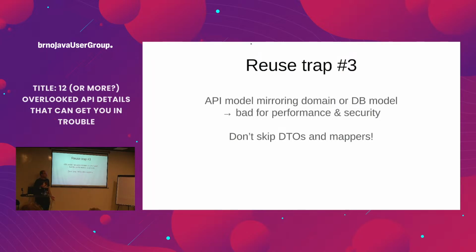But that's actually dangerous, especially if your approach to designing such a class is that you just take some list of fields that you have, for example, in your database or in some domain model, and copy over. Again, the same reason, because you should only expose what the client really needs.